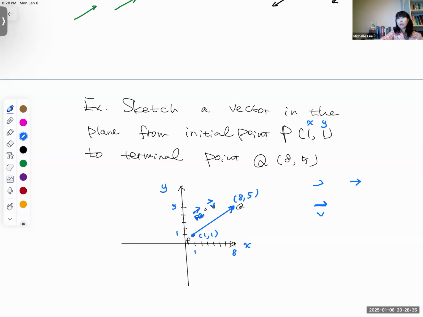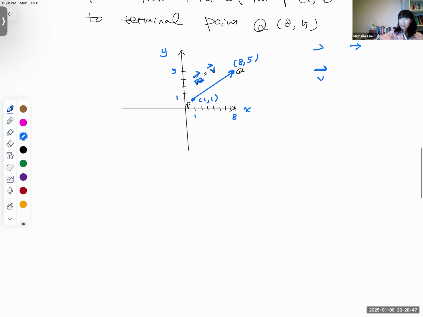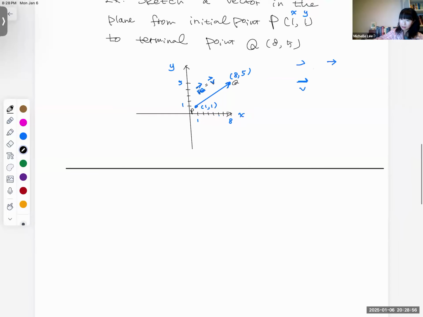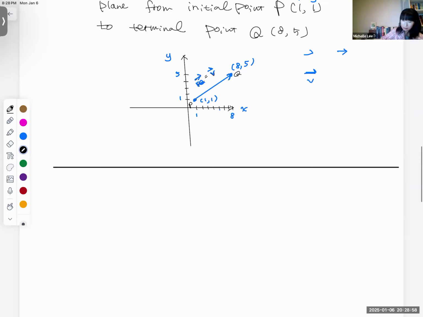All right. Now, how do we indicate other vectors, right? So in general, let's say the vector v here. Okay. 2 times vector v, then I want to measure twice of them, right?